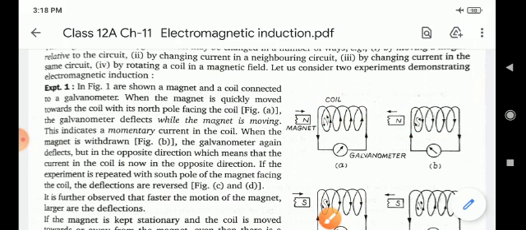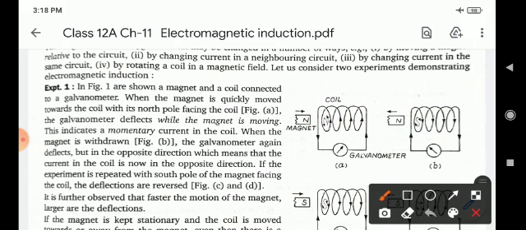Children, we know that if the north pole of a magnet is moved towards the coil, the direction of current in the coil is anti-clockwise, and when it is moved away, the current behaves in the clockwise direction.